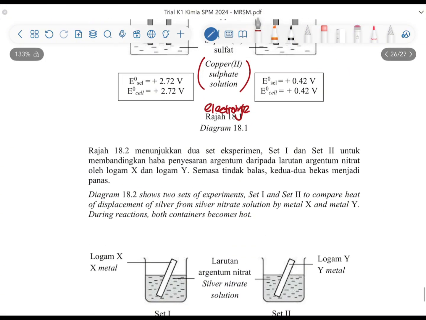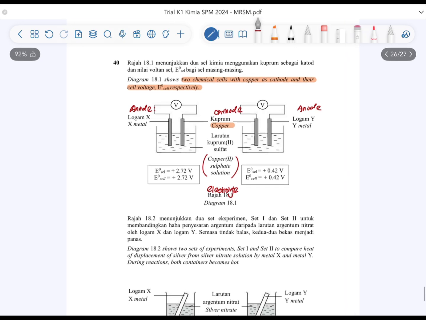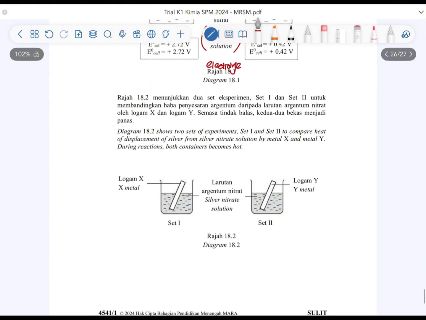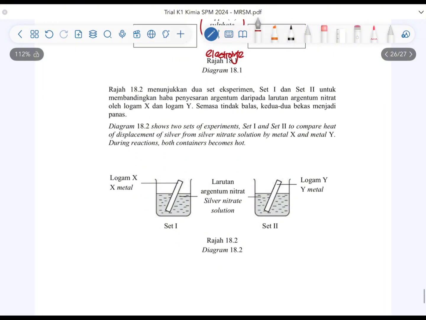So let's see. This is an experiment where diagram 18.1 is the first experiment, and then we have another set of experiment. So we have this set 1 and set 2 to compare the heat of displacement of silver from the silver nitrate solution by metal X and Y. So during the reaction, both containers become hot.